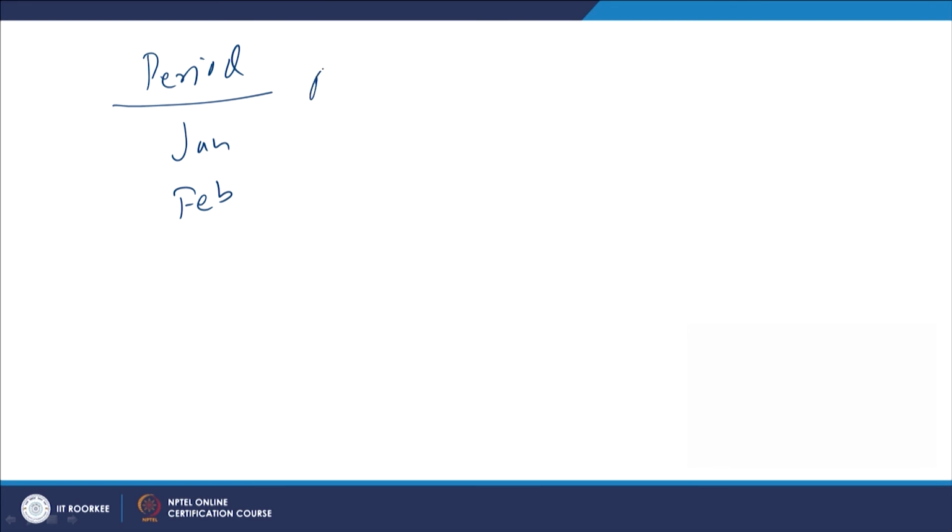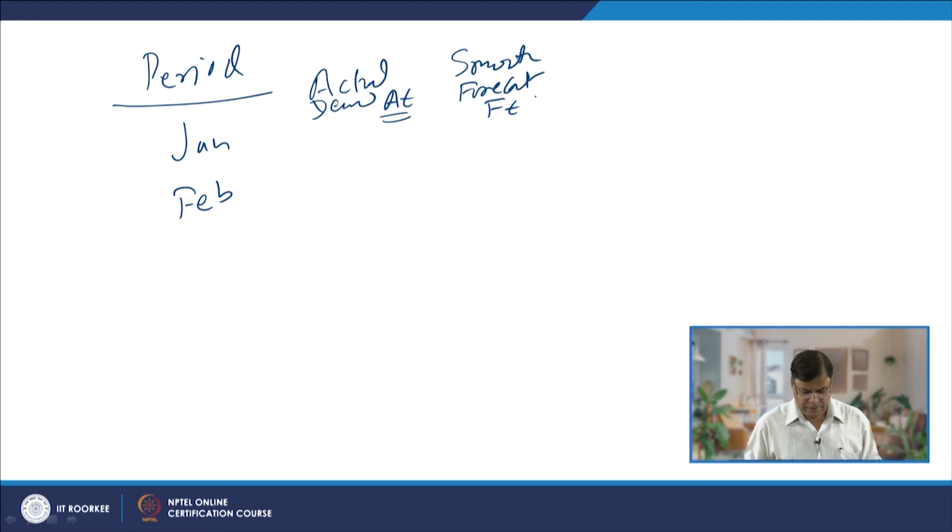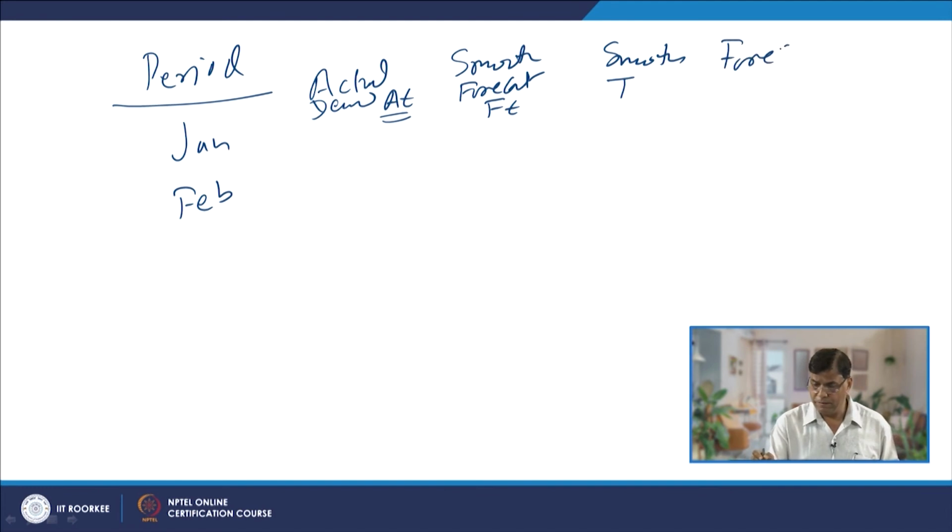What we have is the actual demand AT, the smoothed forecast FT, the smooth trend T, and then the forecast including trend.